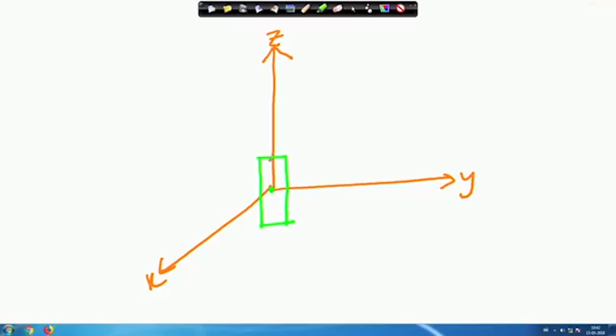Let us say that this is my z direction, this is my left handed system. Now, let the current element be centered here. It is very thin, its length is infinitesimal, and it is carrying a current I. So, this is generally always written as I dl, that means I is the current and dl is the length.